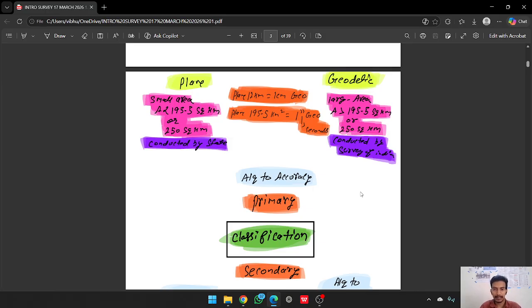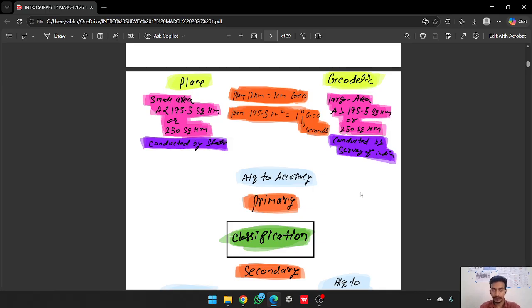So 1 centimeter here is the curvature of the earth inclination. The same thing is in the second formula. The 12 kilometer is for length only, and the second is for area purpose, which is plane 195.5 square kilometer is equal to 1 second geodetic curvature. If the area is given, then we have to use this formula.